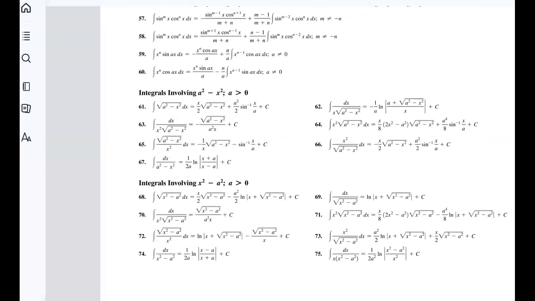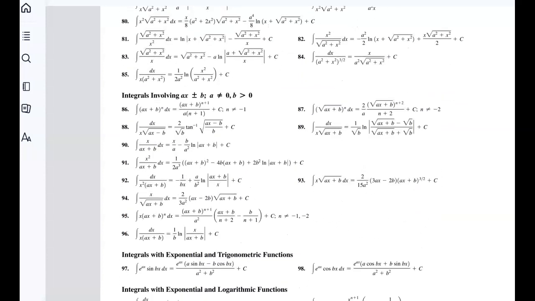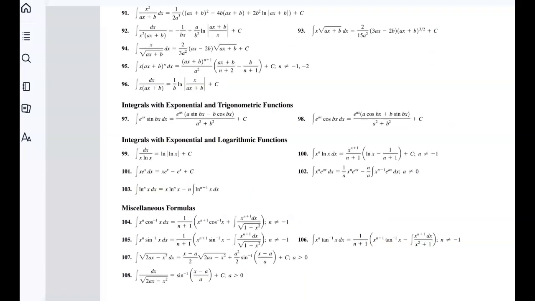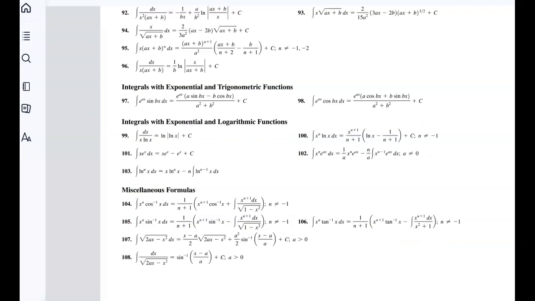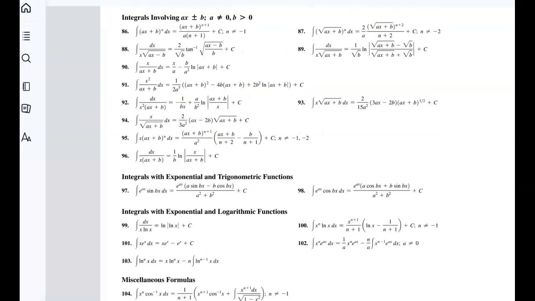So you have all sorts of general rules. Some of these utilize the trig substitution process, but again, it's causing you to either memorize, which we're not going to do, or have this table in front of you. And it continues and continues and continues. There's integrals for everything. 108 of them, actually, to be exact.